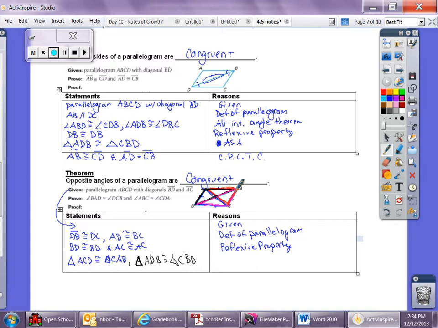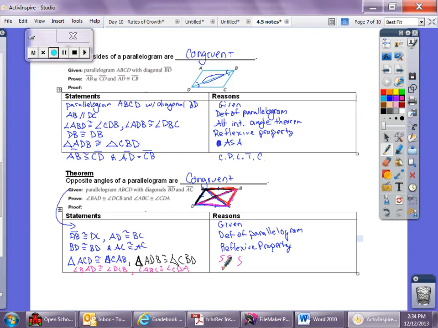So the property we're using with these is side, side, side, because we have all three of those sides. So we have the outsides, and then the diagonals are congruent to themselves. So we have side, side, side. So that means that angle BAD is congruent to angle DCB, and angle ABC is congruent to angle CDA.